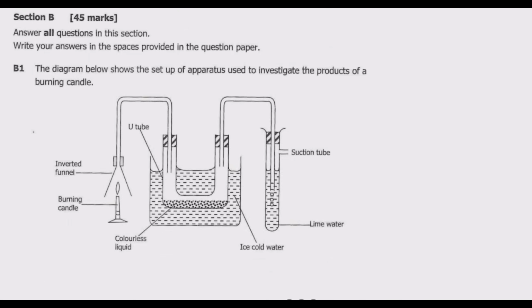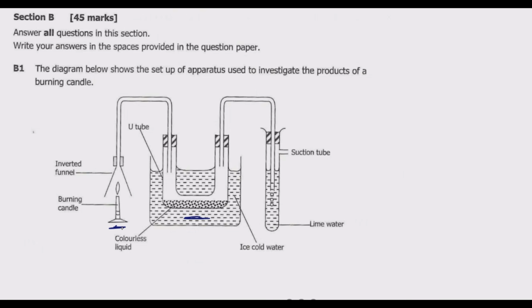So we are asking, why do we have this cold water in here? The cold water is used to condense water vapor to liquid water. Now, when the candle is burning in the open air, carbon dioxide and water are released as the two products. So burning the candle produces two things, carbon dioxide and vapor.